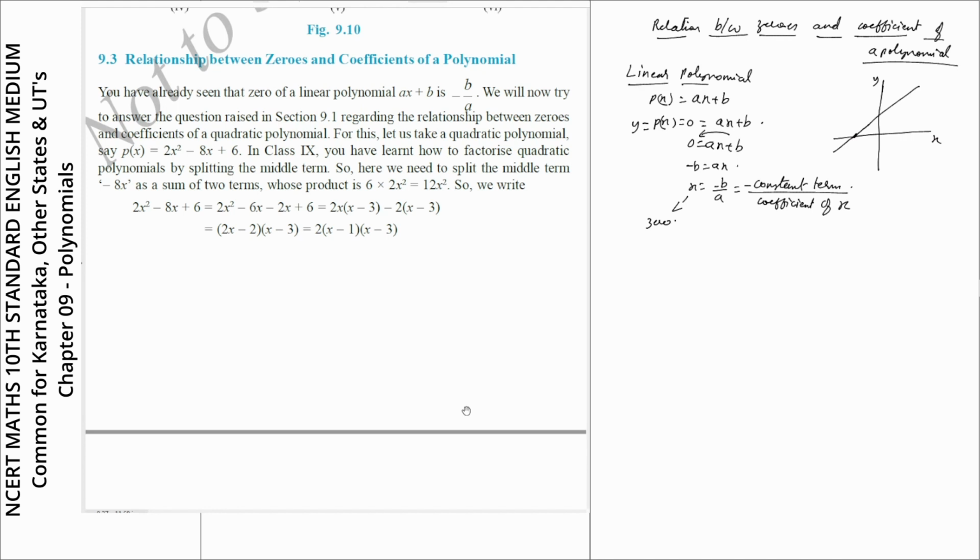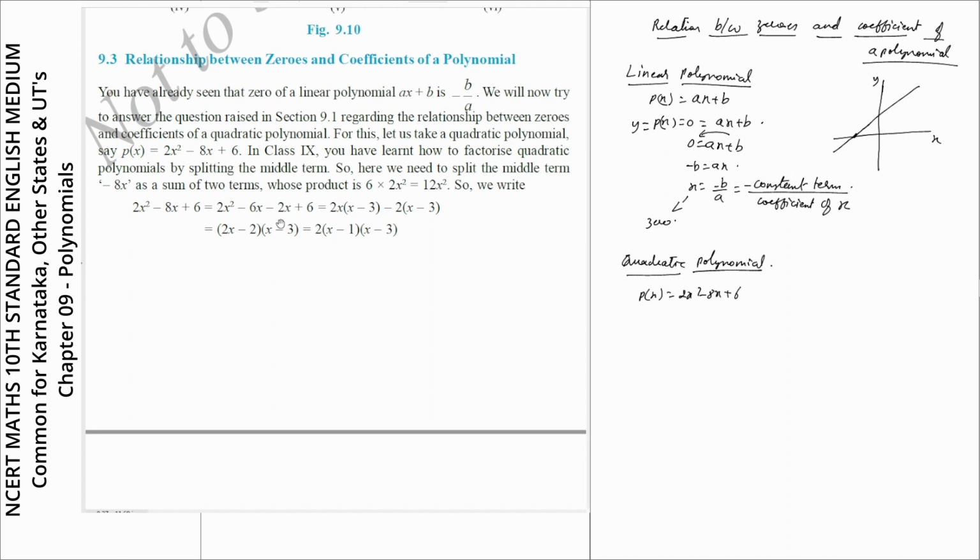Similarly, coming to quadratic polynomial, in your textbook you can see there is one example, a quadratic polynomial: p of x is equal to 2x square minus 8x plus 6.